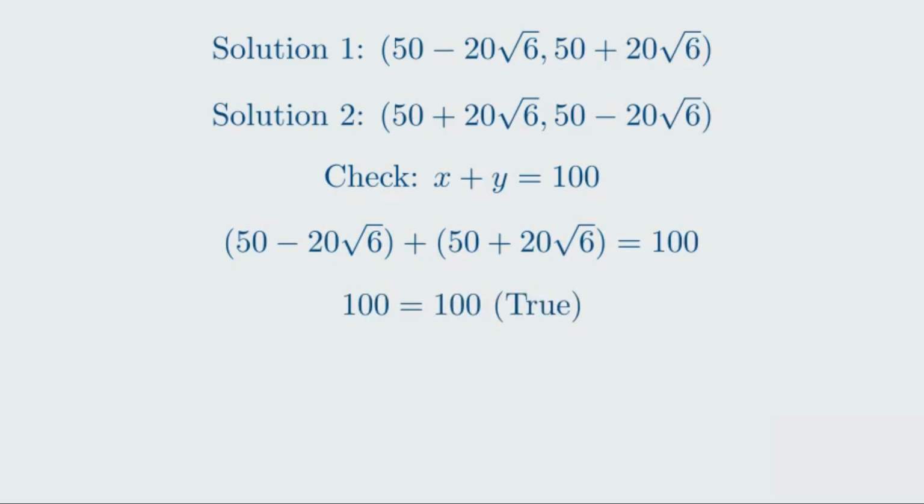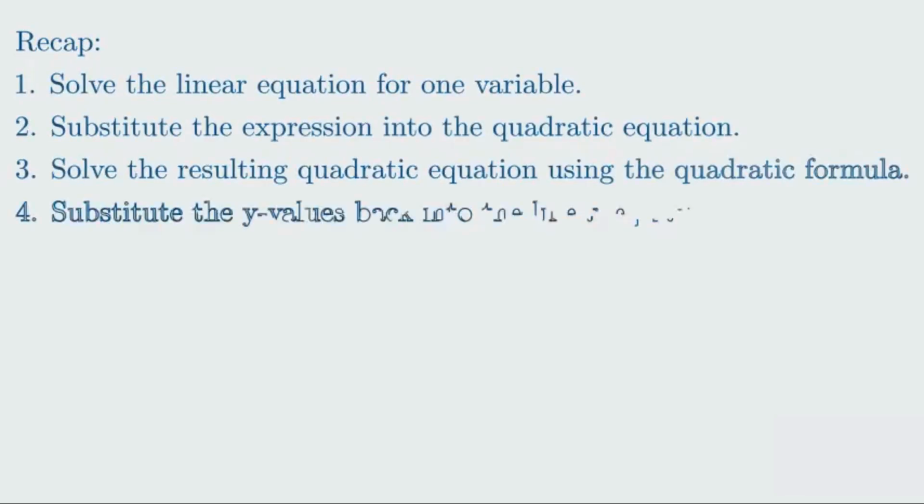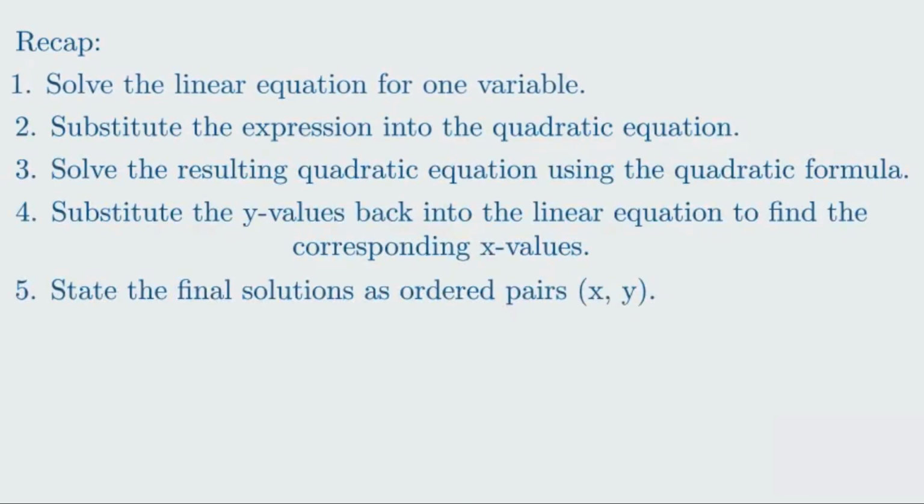So, let's recap what we accomplished today. We successfully solved a system of one linear and one quadratic equation. Here's a quick summary of the steps we followed. First, we solved the simple linear equation, x plus y equals 100, for x. Second, we substituted that expression for x into the quadratic equation, xy equals 100.